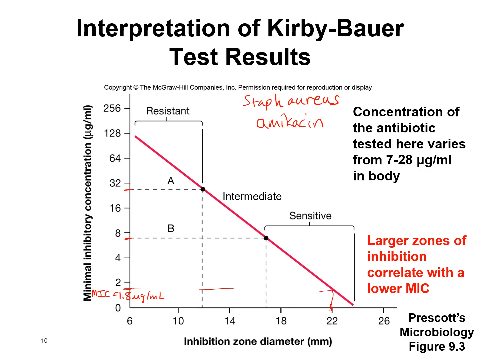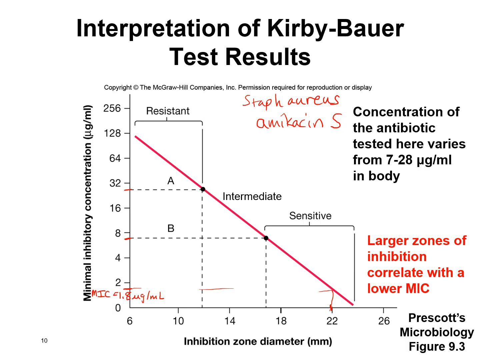And we know that when we give amikacin to the patient, we're going to be at least 7 to 28 micrograms per mL at the doses that we normally give. So we're going to be way above the MIC for amikacin. That means the amikacin would work very well against Staph aureus, and it would be reported out as being sensitive. So that would be a good choice for the patient to kill the Staph aureus and their infection.